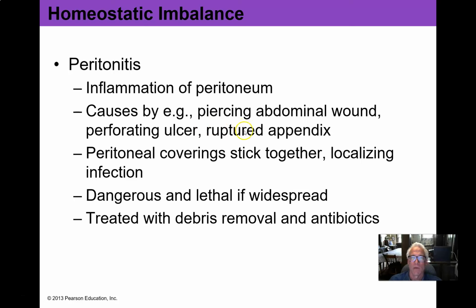If you had a breach in the intestine, or the appendix as an example, there's unimaginable amounts of bacteria in the GI tract. If there's a rupture in those, either because of a trauma or because of inflammation like in the appendix, all kinds of bacteria are going to burst out into the space between the peritoneal membranes and cause infection. Peritonitis can be life-threatening, actually.